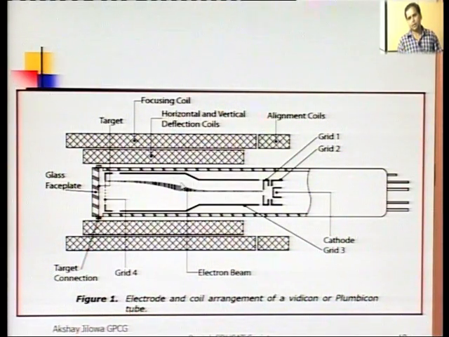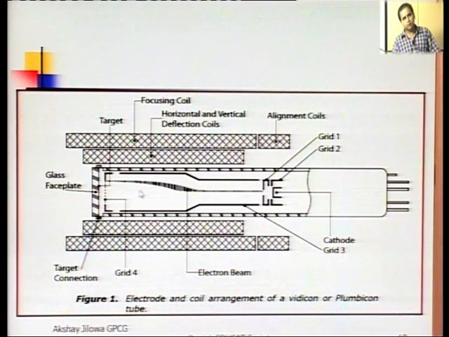Because we have to scan the different areas of the target plate. The electron beam has to travel to the various parts of the screen, the raster or the target area. For example, it will start from the top left hand corner.